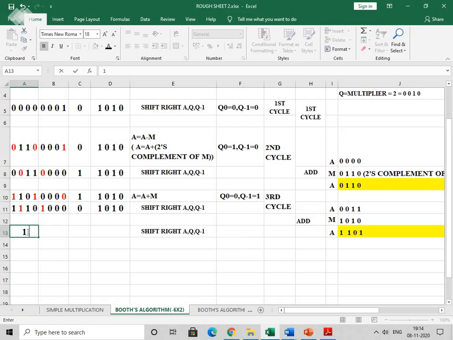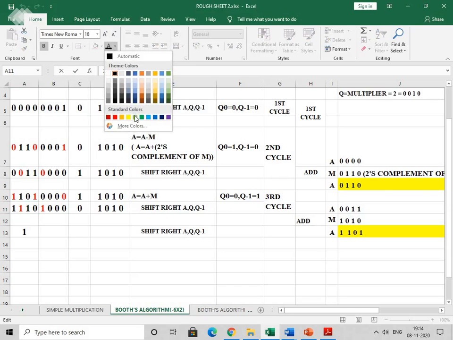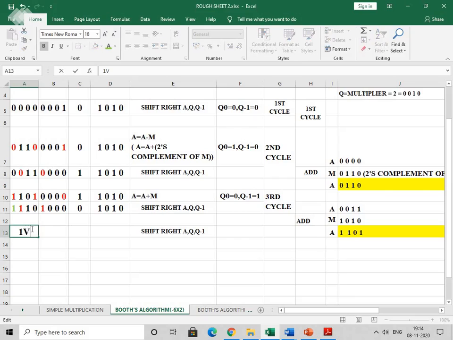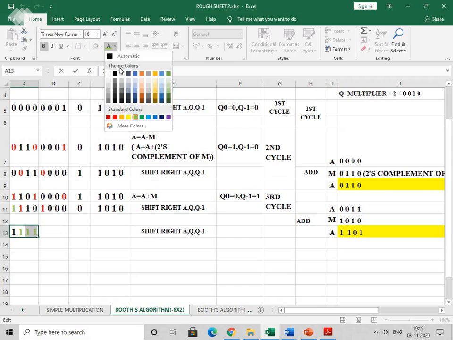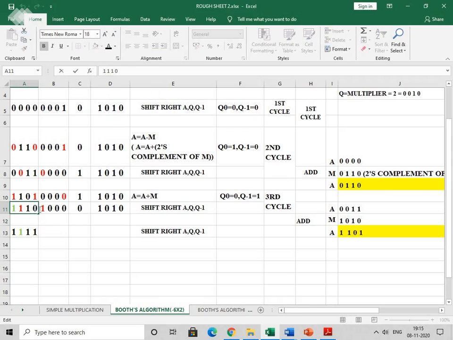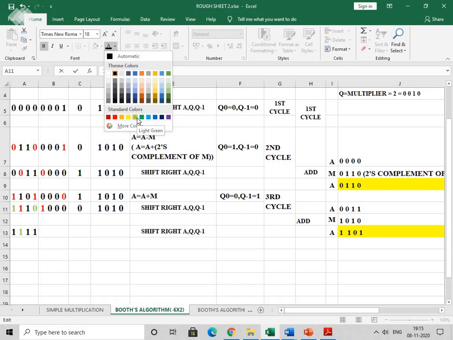This one has come here. This 0 has come to Q n minus 1.